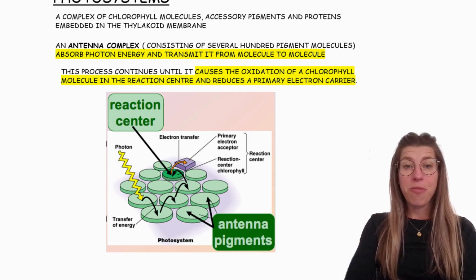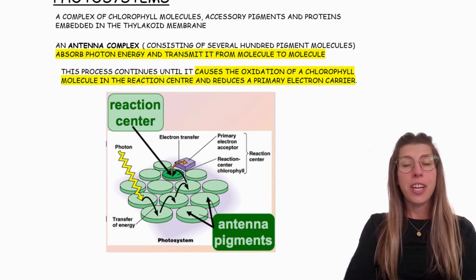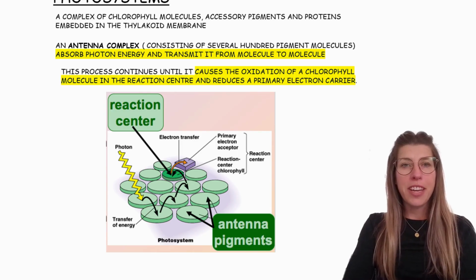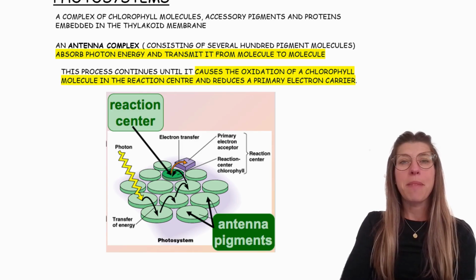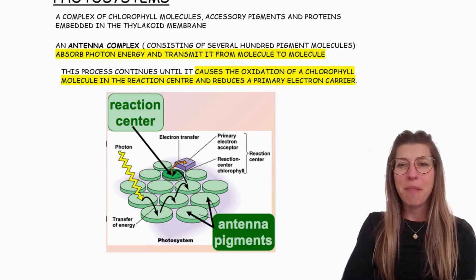So a complex of chlorophyll molecules, accessory pigments, and proteins are embedded in the thylakoid membrane, as we spoke about. And there's actually something called an antenna complex, which consists of several hundred pigment molecules. And this antenna complex absorbs photon energy and transmits it from molecule to molecule. So you could see that these antenna pigments absorb and it kind of bounces from molecule to molecule.